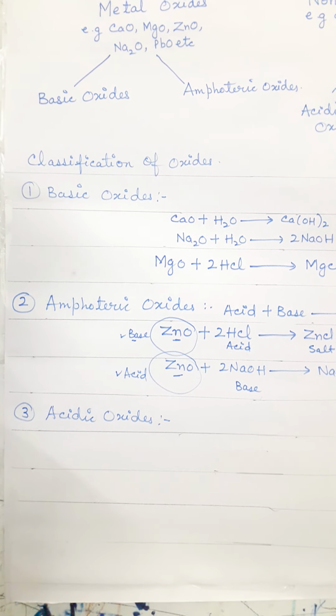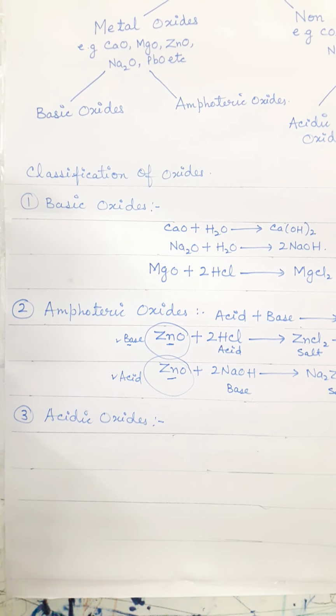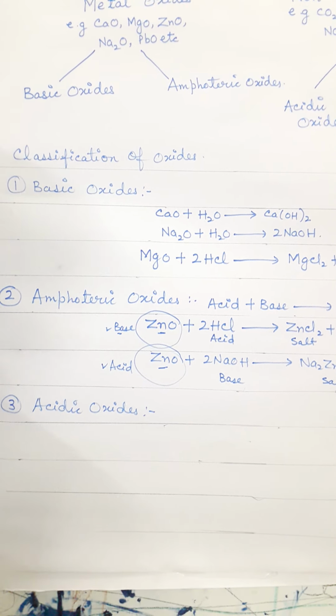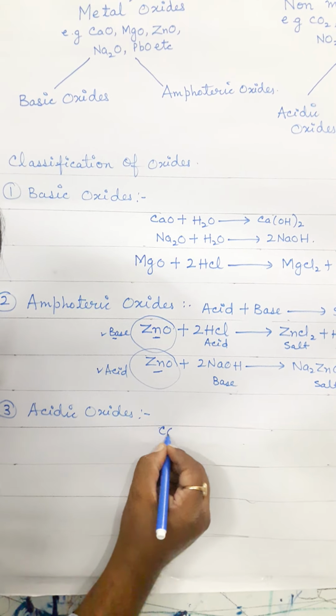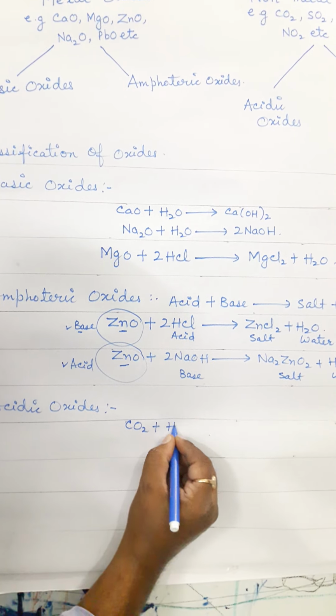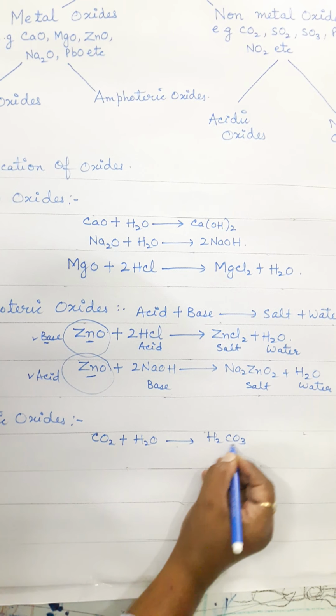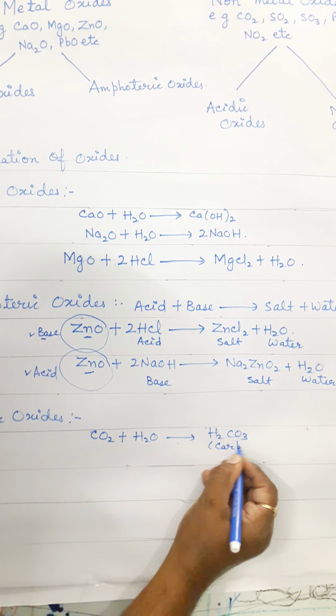Now acidic oxides are non-metal oxides which when dissolved in water form acids. For example, carbon dioxide is an acidic oxide. It dissolves in water to form H2CO3, which is carbonic acid.